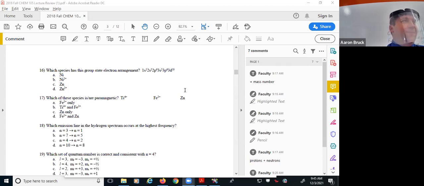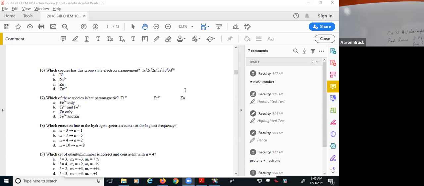It's not C. It is zinc, but it's not elemental zinc. Remember, the thing that's missing out of this configuration is the 4s2. For zinc, I would need 4s2 and 3d10 to give it all 30 of its electrons. This configuration only has 28 electrons in it. So your best examples would be either nickel in the elemental state or zinc in the positive 2 state. Both of those would have 28 electrons.